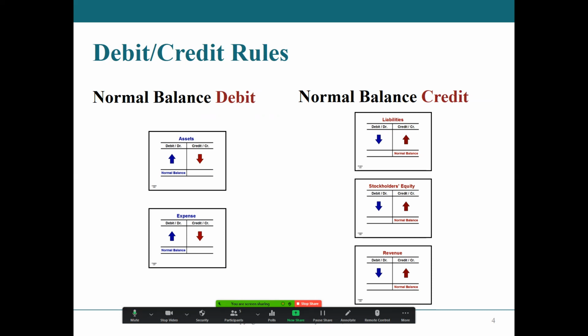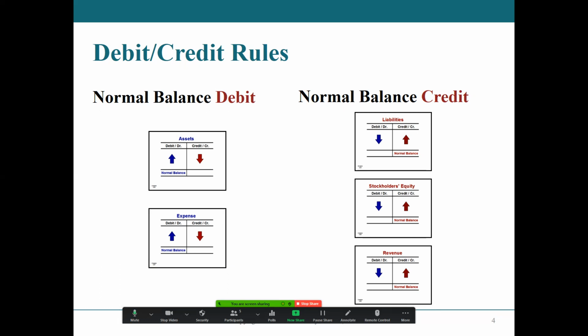The first thing you have to know about debits and credits is that any rules you've heard about the terms in the past are probably wrong. People tend to think of debits as decreasing because they use their debit card and it takes money out of their account at the bank, and they tend to think of credits as increasing, but that's not really true.